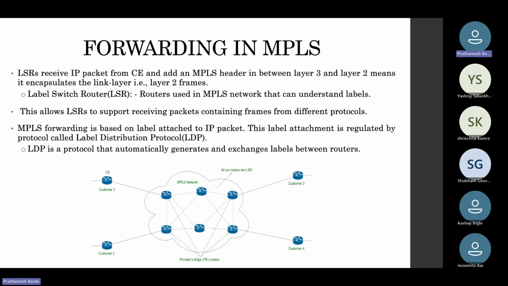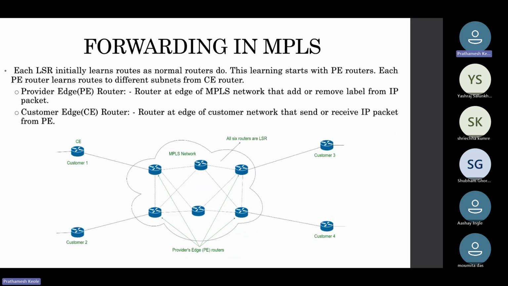After that, each LSR initially learns the routes as normal routers do. The learning starts with the provider edge routers, which are present at the edge of the MPLS network and can add or remove labels from the IP packet.